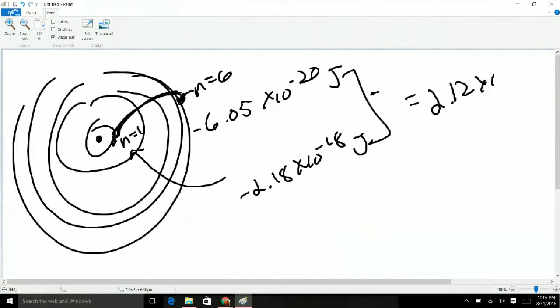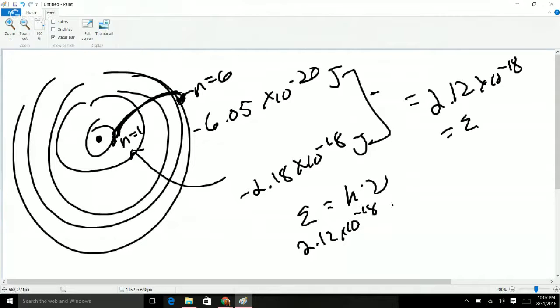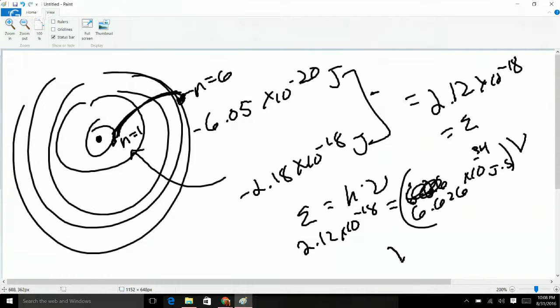I get 2.12 times 10 to the negative 18. And the person who was typing their question has only to the negative 8. So that might be your first problem. That's equal to E. And then I know that E is equal to h times nu, or frequency. So my E, 2.12 times 10 to the negative 18, is equal to h, which is 6.626 times 10 to the negative 34 joules, times frequency.